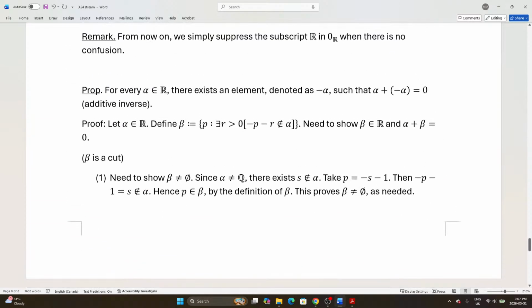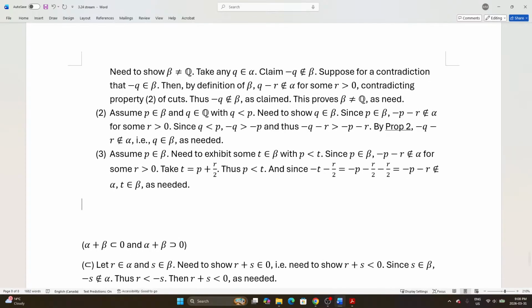We claim something: either alpha and beta are both 0 or alpha and beta have opposite signs.